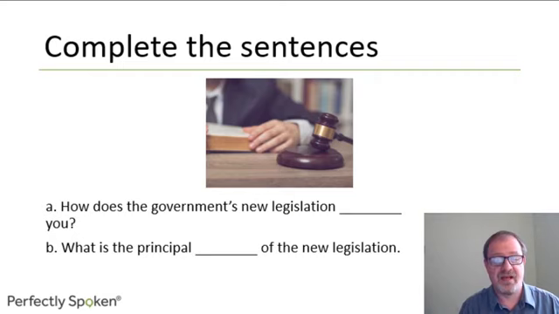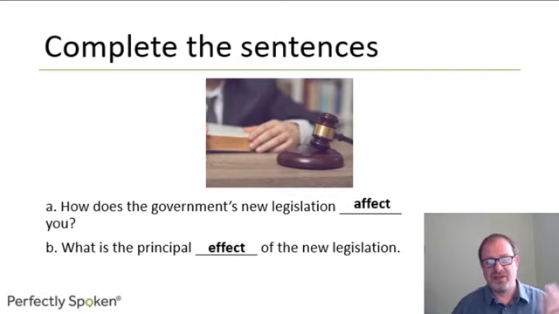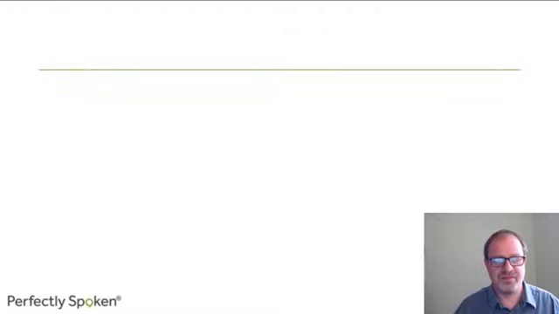And of course it's a verb, so the word we're looking for is affect. And B, what is the principal effect of the new legislation? It's the noun. It might be a government law to ban smoking in public or whatever. How does it affect you? What effect does it have on you, with the noun? Okay, next one.